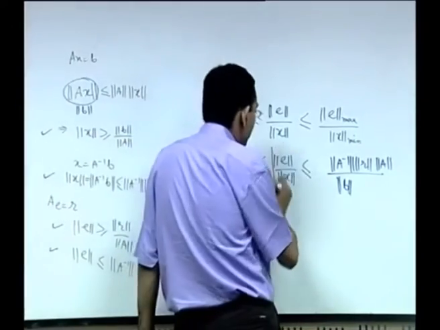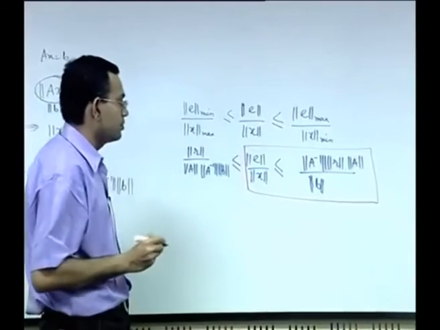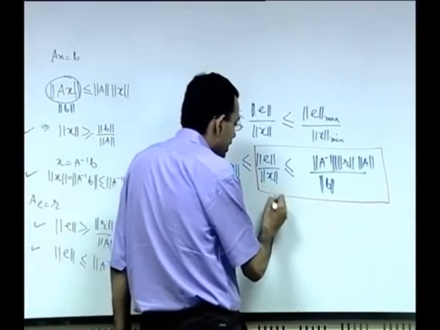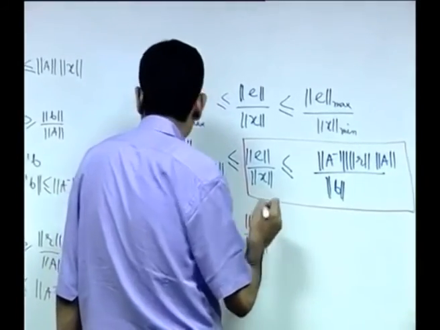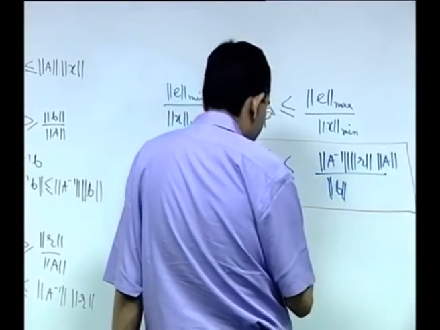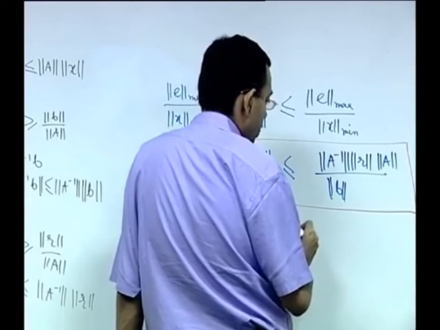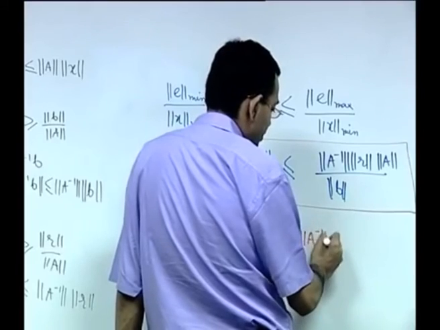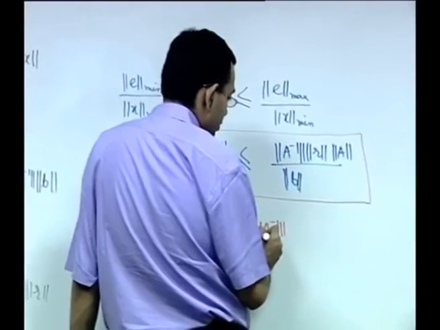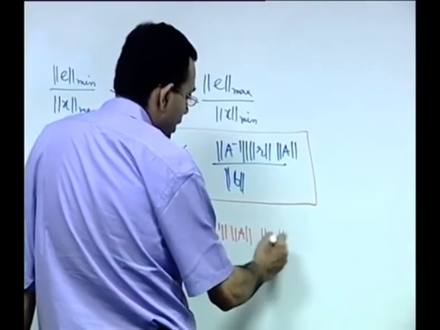So, now we will focus on this inequality. What we can see is the relative error, norm of e by norm of x, is less than or equal to norm of A inverse into norm of A into norm of r by norm of b.